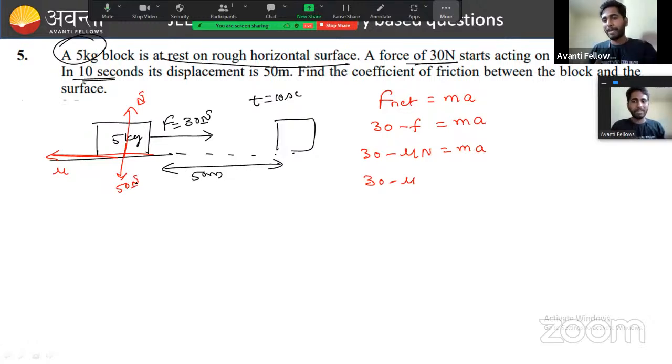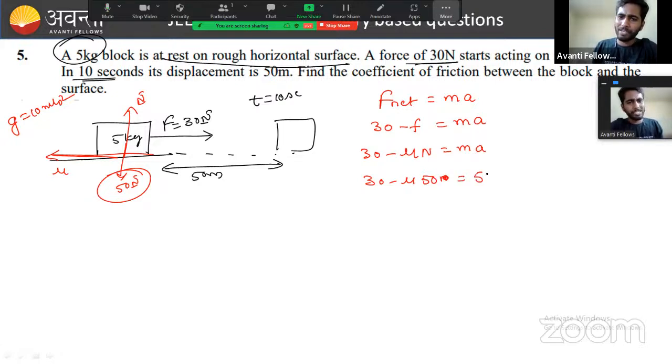Taking acceleration due to gravity as 10 meter per second square, the weight will be 50 Newton. The normal is nothing but m into g, which is 50 Newton, with mass 5 kg. Up to here we are done.